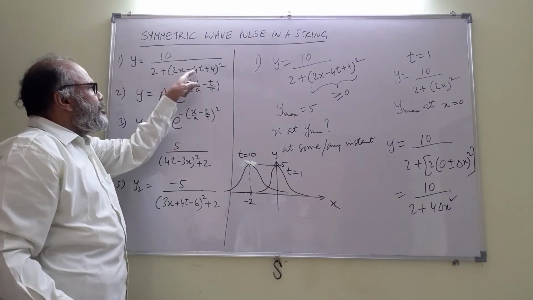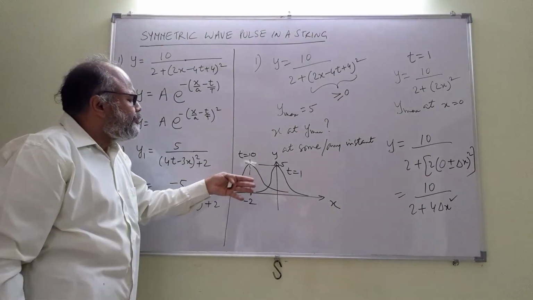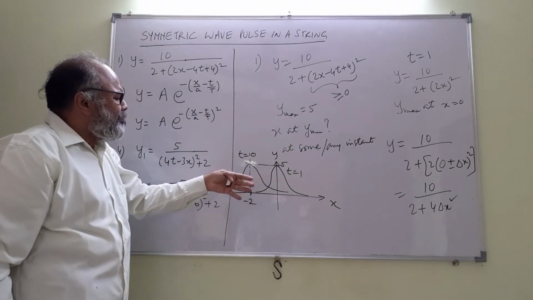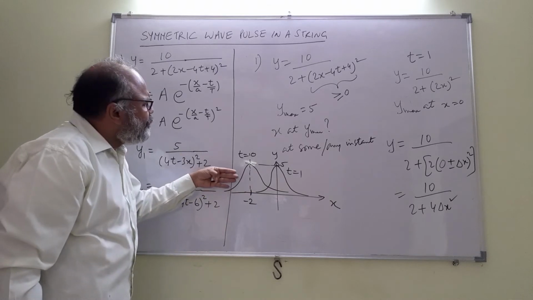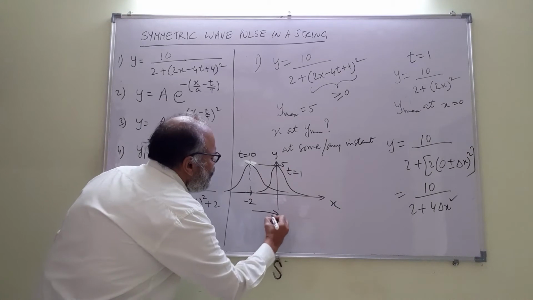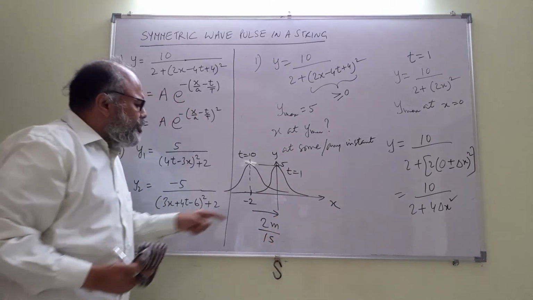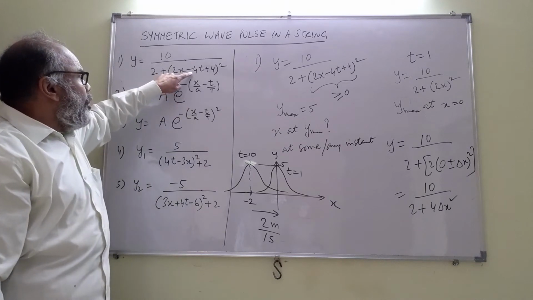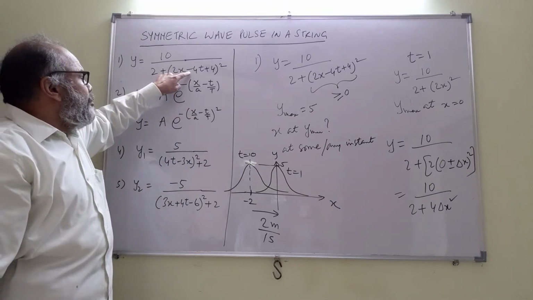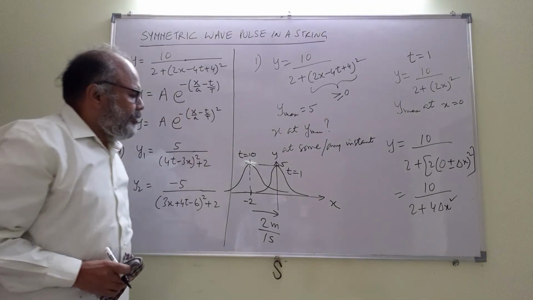The sign of A and B are opposite, so the wave travels along the positive x direction. So it has moved from here to here. We can get what the speed is. It has moved by a distance of 2 meters in 1 second. So the speed is 2 meters per second. As we already saw, minus b by a, minus 4 by 2, is 2 meters per second.